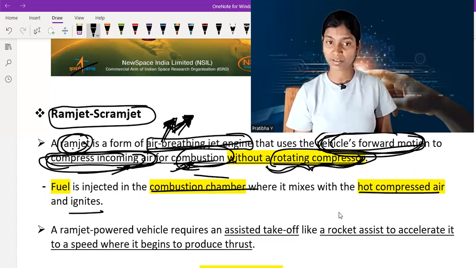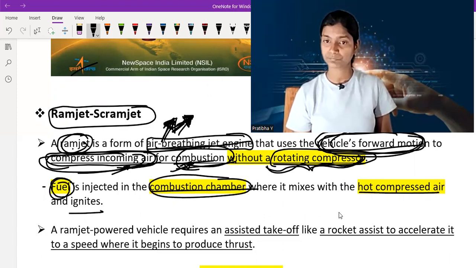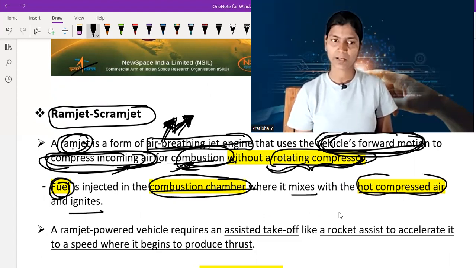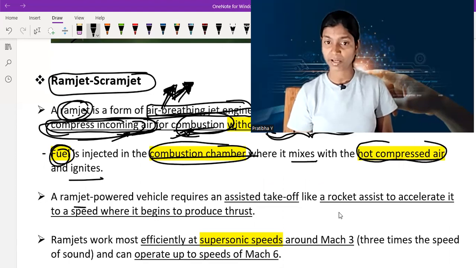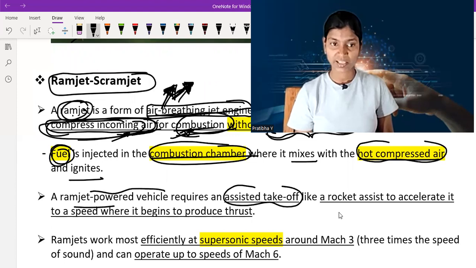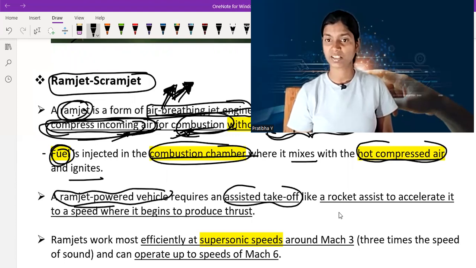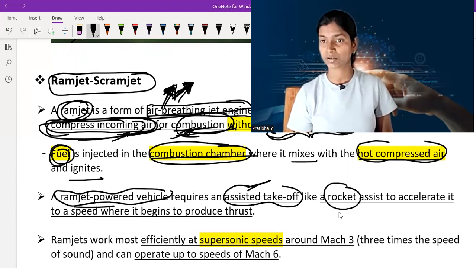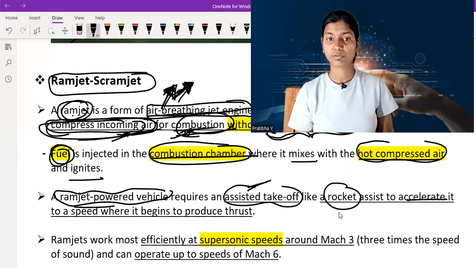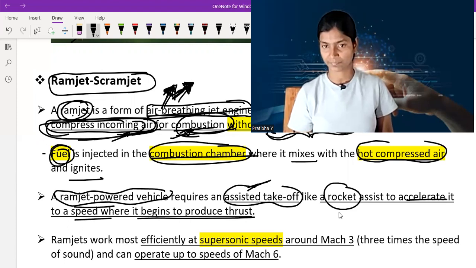So in the combustion chamber, we inject fuel and that fuel mixes with the hot compressed air. A ramjet-powered vehicle requires an assisted takeoff. If any vehicle is ramjet powered, it requires assisted takeoff, like a rocket that assists to accelerate it to a speed where it begins to produce thrust.